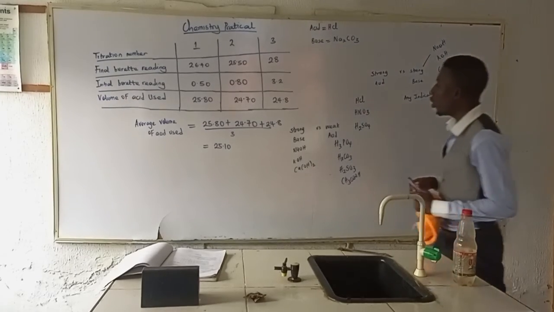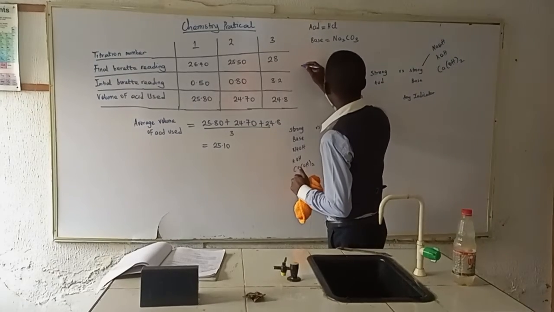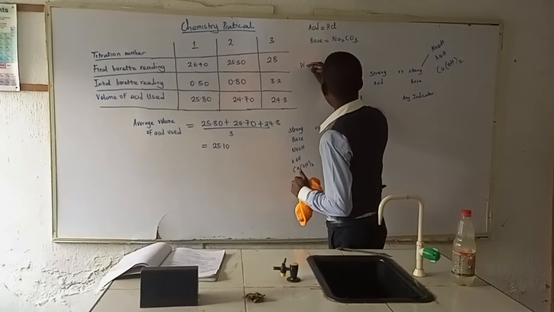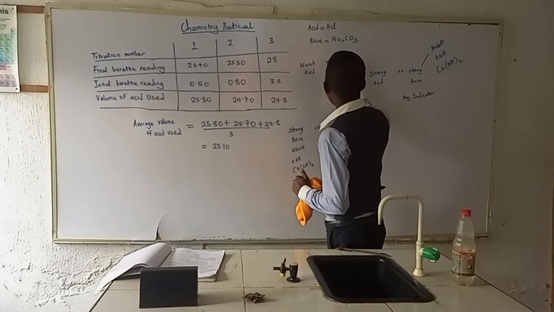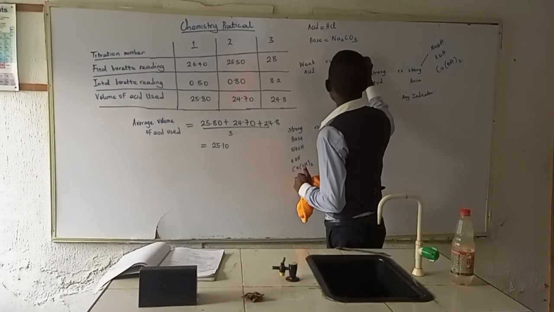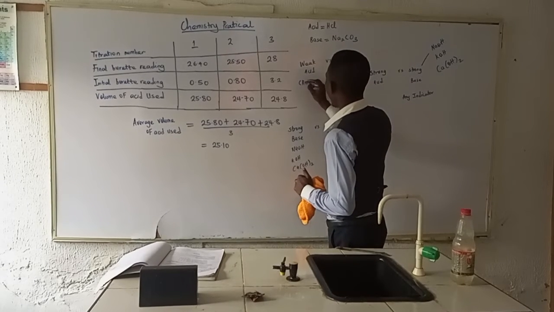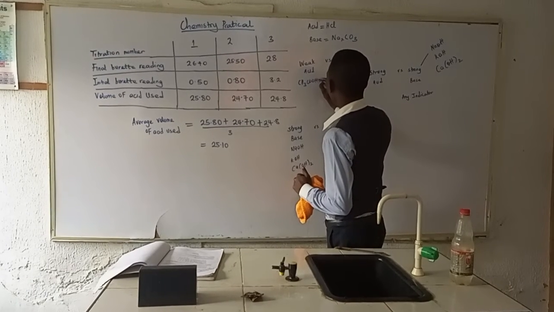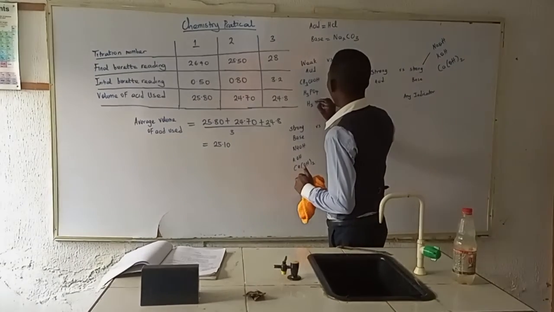Now the next one, when you have a weak acid and a weak base. Weak acid examples: ethanoic acid, H3PO4, H2SO3.